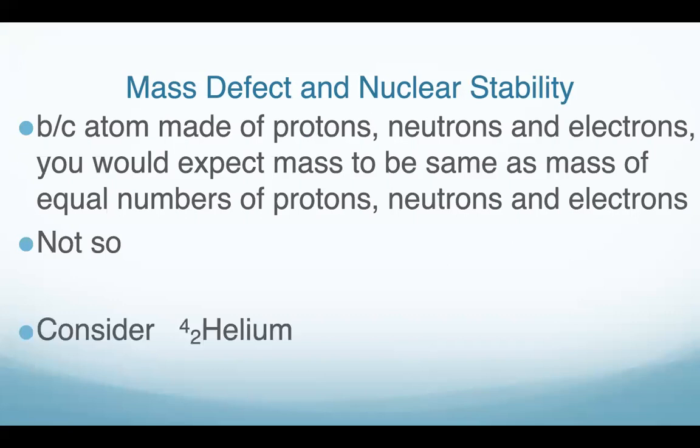So I'm going to look at a specific example of helium. And also notice that in the notation, in the atomic symbol, now we use both atomic number and atomic mass.